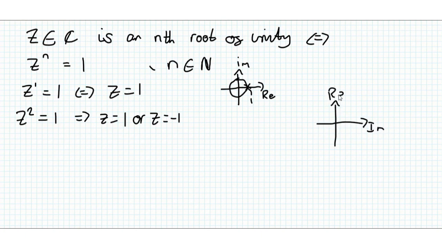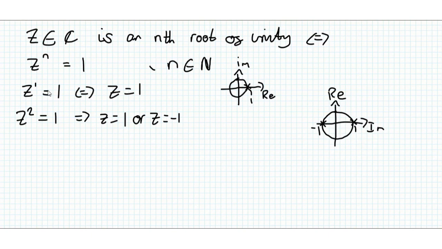Terrible drawing. This is 1, minus 1. So again, we get our solutions. We get the same point as for z to the 1 equal to 1, and we get negative 1 here.